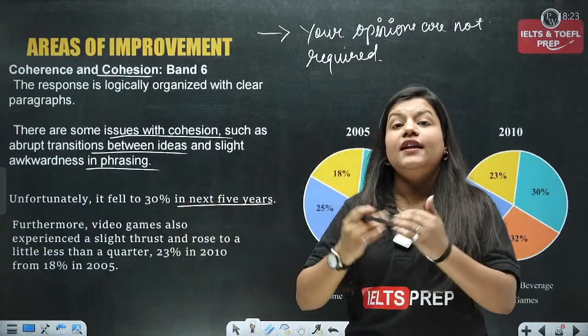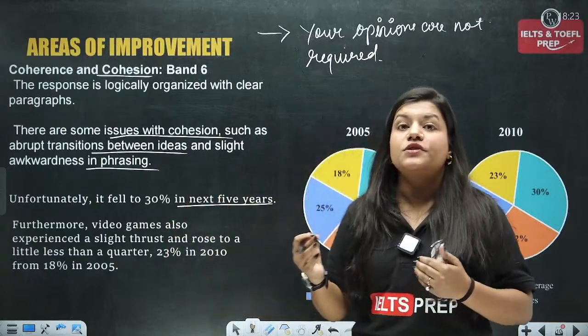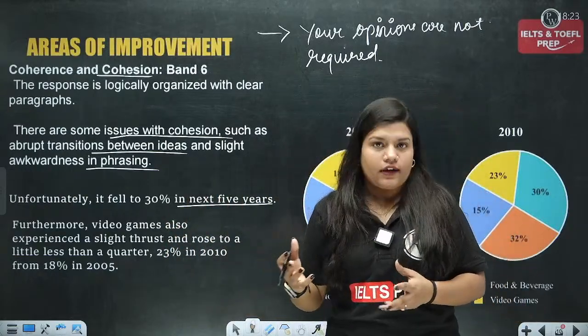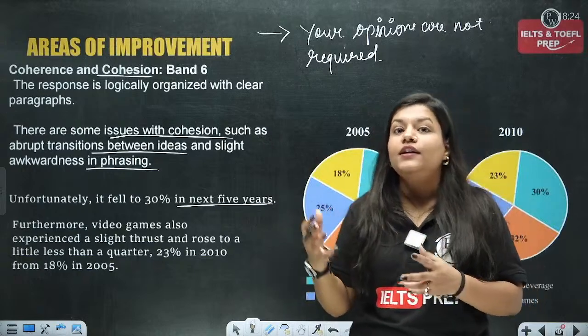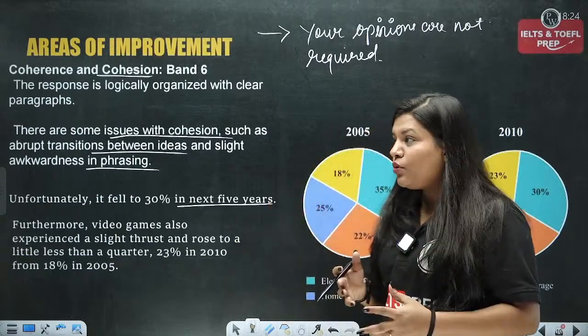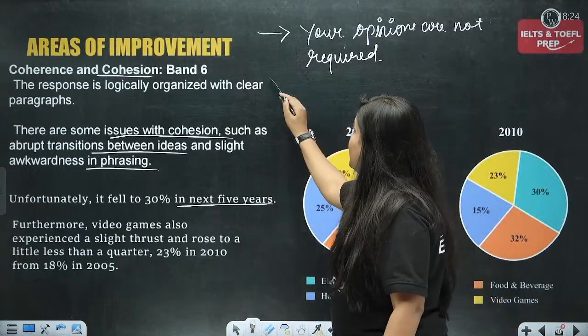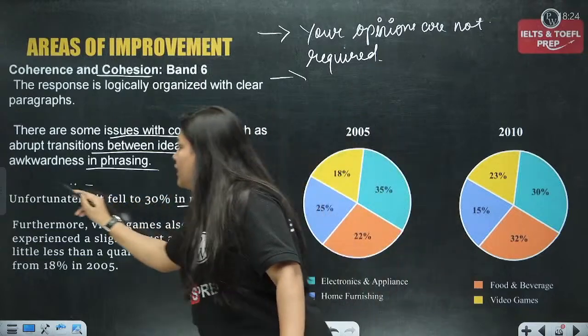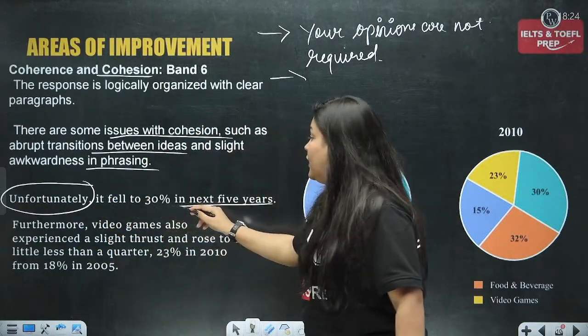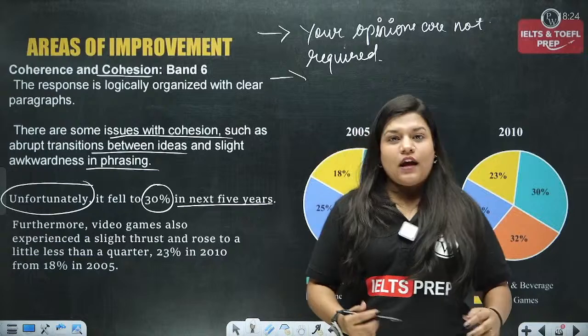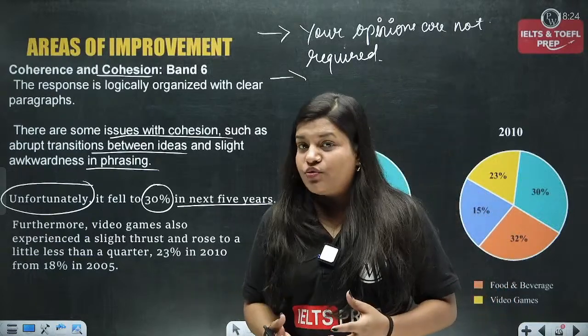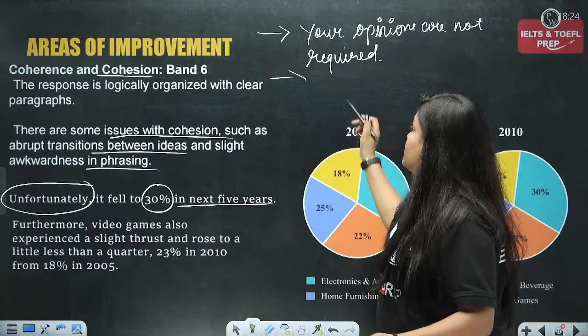Your opinions are actually not required in this kind of a question, because it is a report writing and it has to be in a formal and a neutral way. So when I'm talking about not required, I mean when the student has written, "unfortunately, it fell to 30%." Now, whether the fall is fortunate or unfortunate will be a subjective opinion.